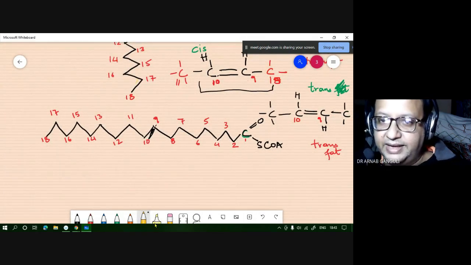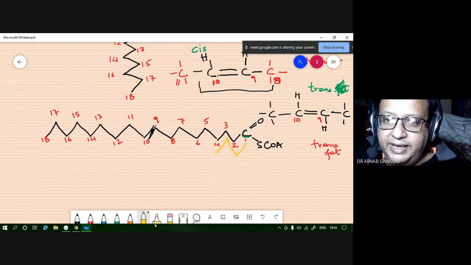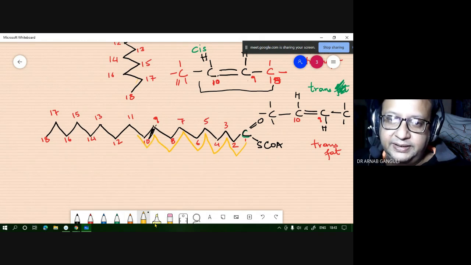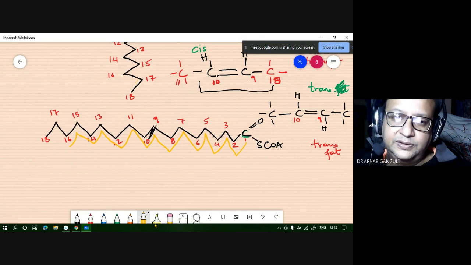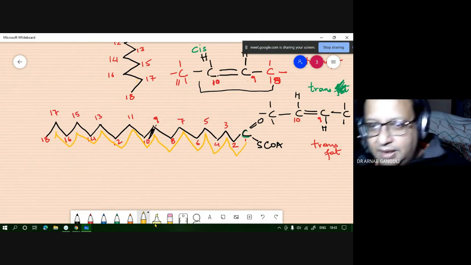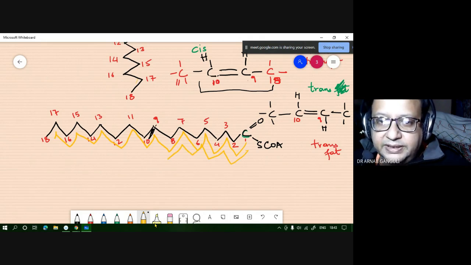Another trans fat molecule can come inside and stack like this. It will fall in between the grooves. Another molecule can come and it can again stack over here.